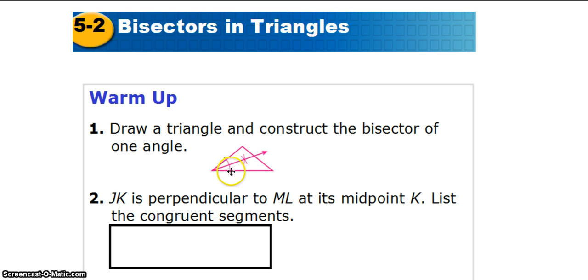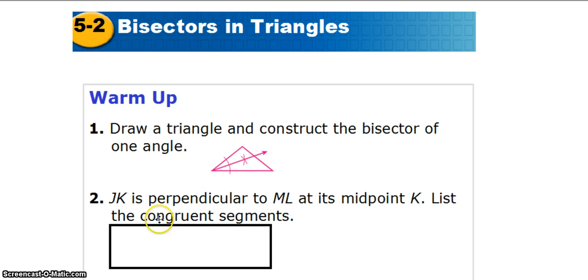Then from each point where the leg has been intersected, we draw an arc with the same radius over in the region where we think a ray would bisect this angle. So from here, we draw an arc, and from the second leg, we draw an arc, and where the intersection takes place, we draw a ray, and we have an angle bisector.